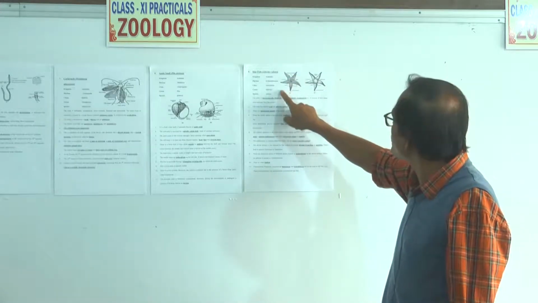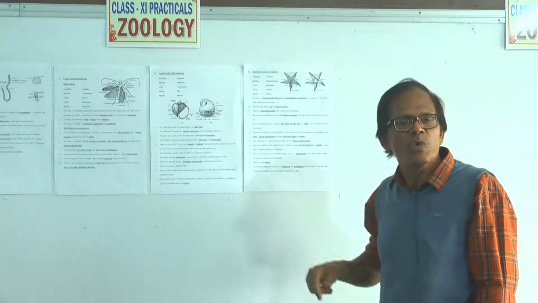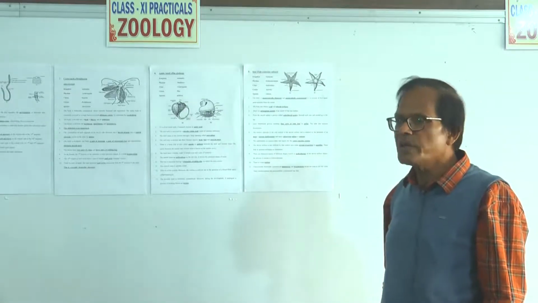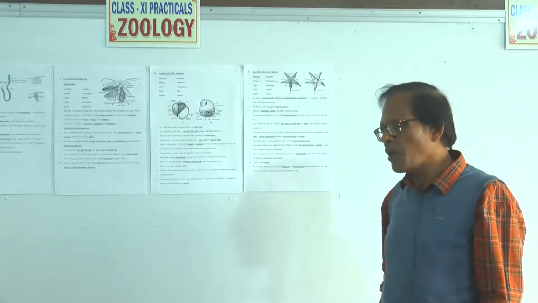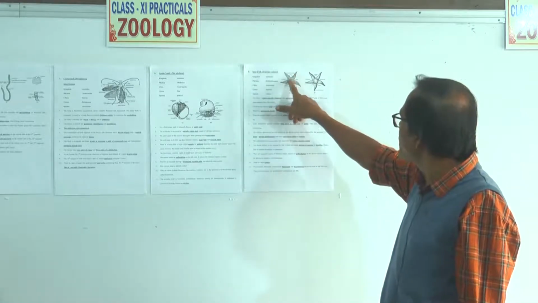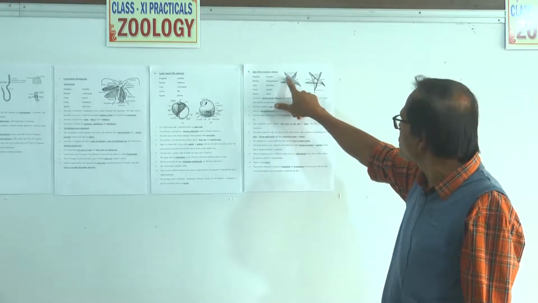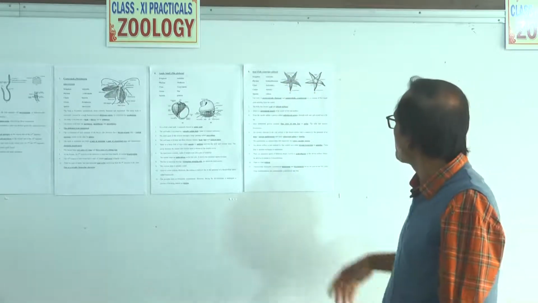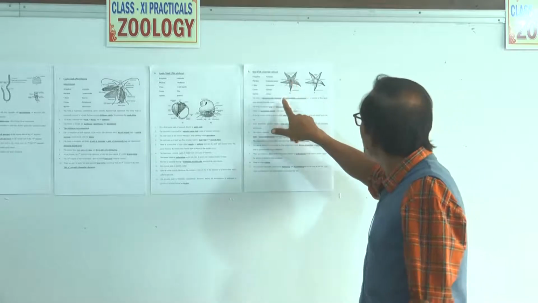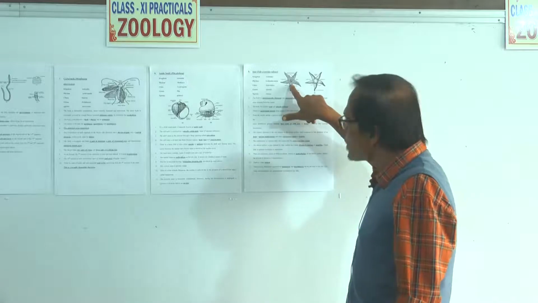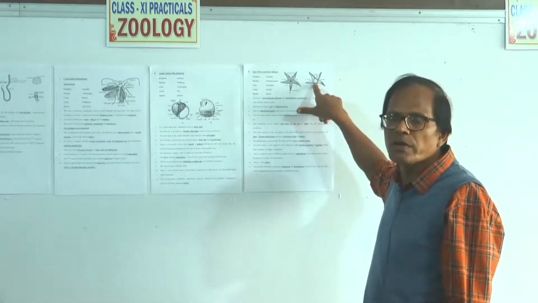You cut it across this line, you too get two equal halves. As many times as you cut it, you get two equal halves. This is called pentaradial symmetry. There will be 5 radiating arms, and it is radially symmetrical. This is one view, I think the oral view, and this is the aboral view of the starfish.